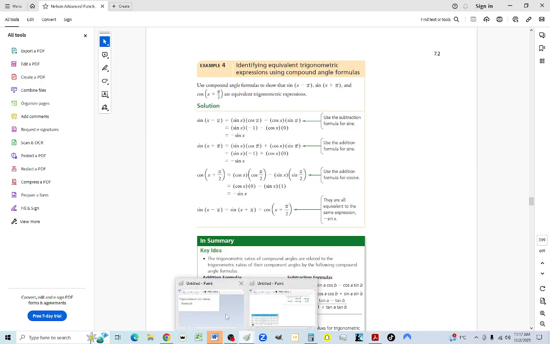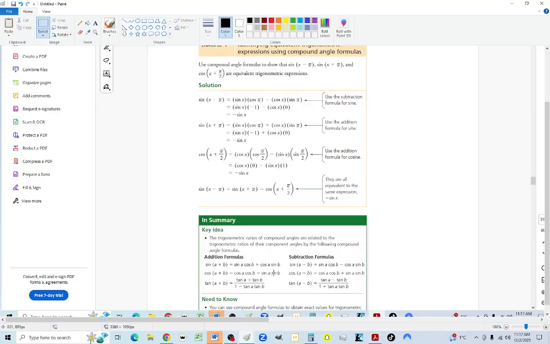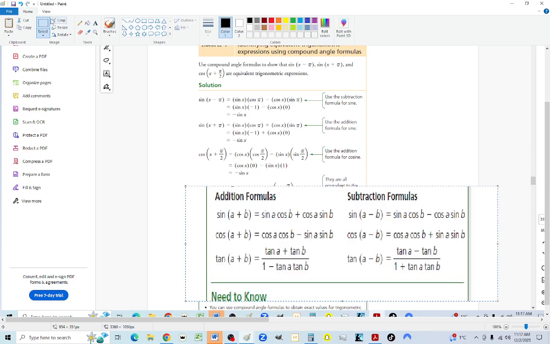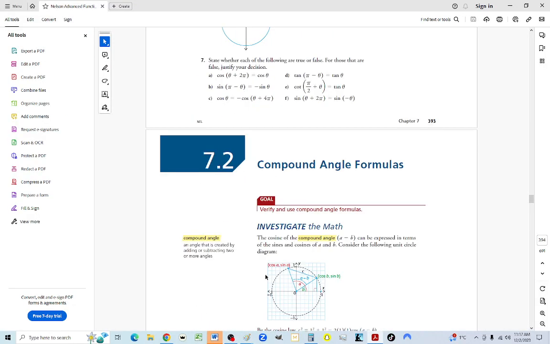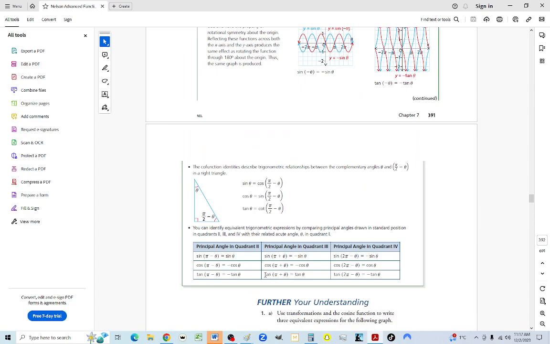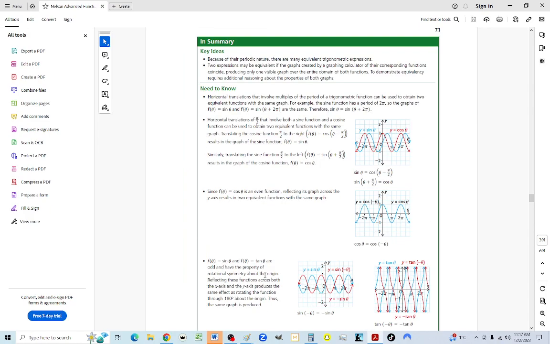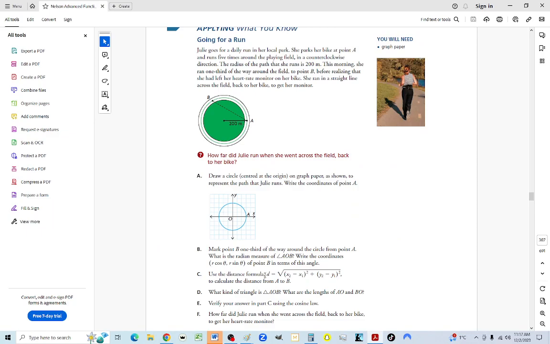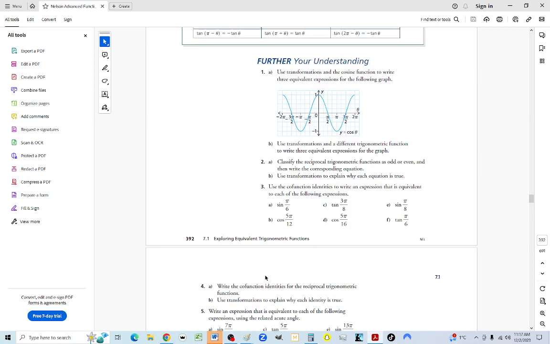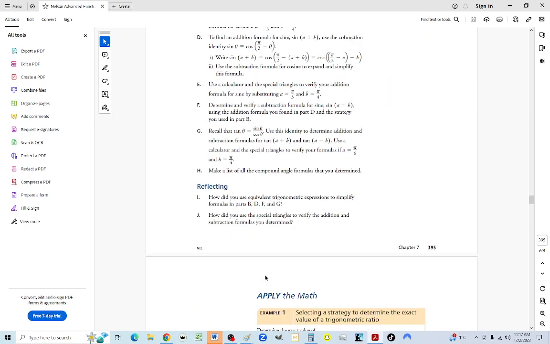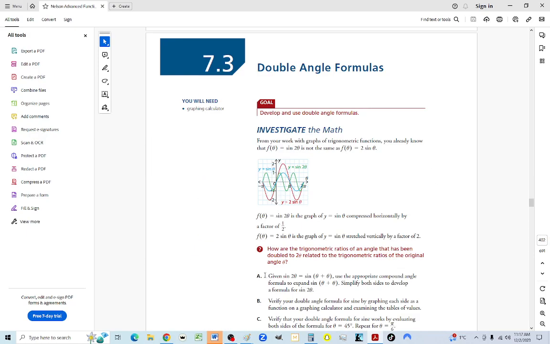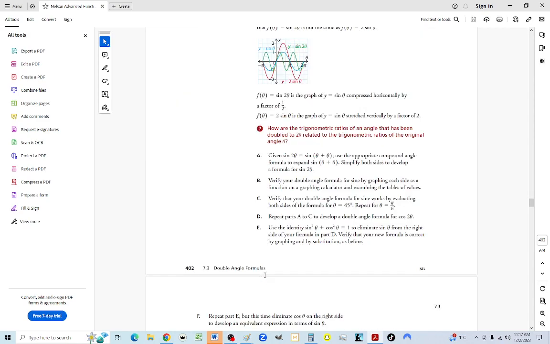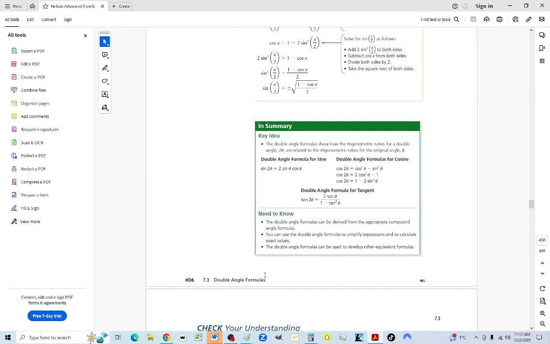We need this. Let's put it on this page. That's the translations. What happened to my double angle formulas? There they are.